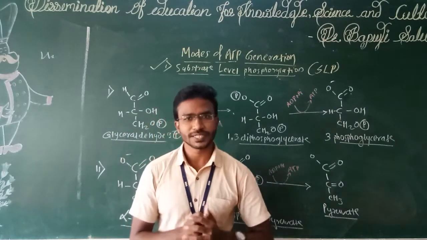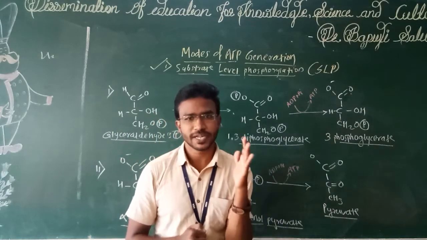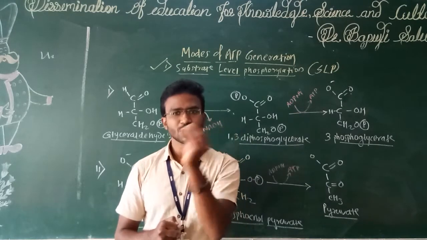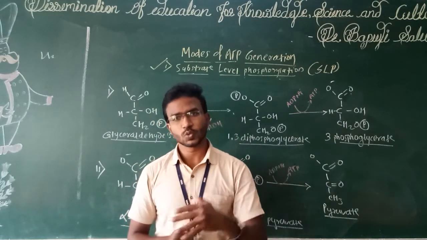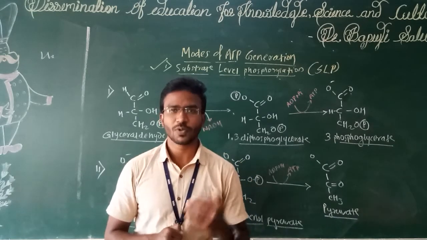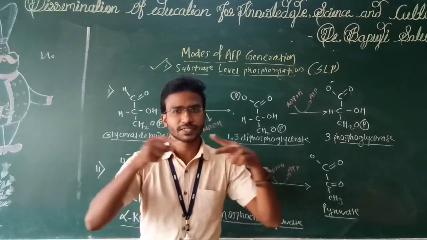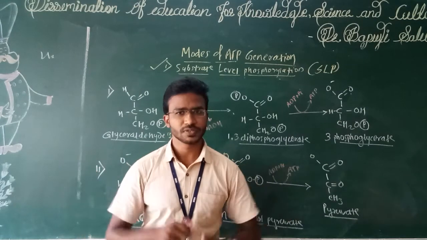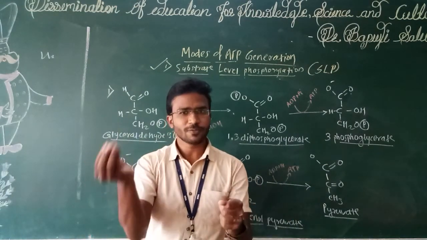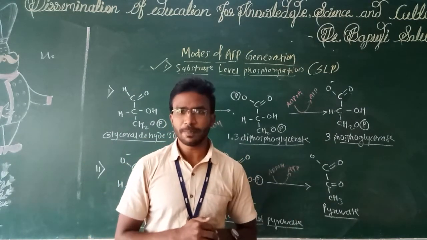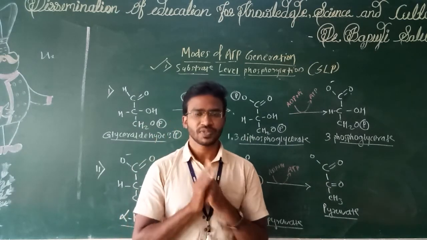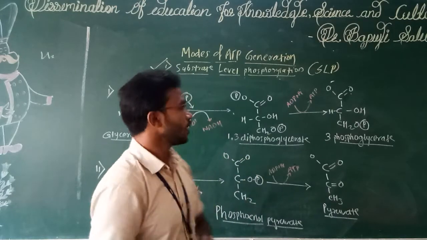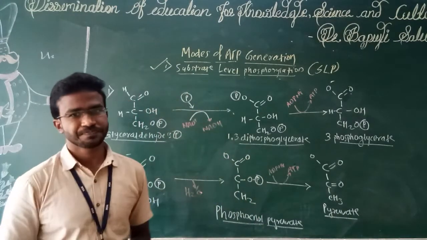The substrate is catabolized, phosphate is released, that phosphate is added to the ADP and that forms ATP. This mode of ATP generation is known as substrate level phosphorylation.